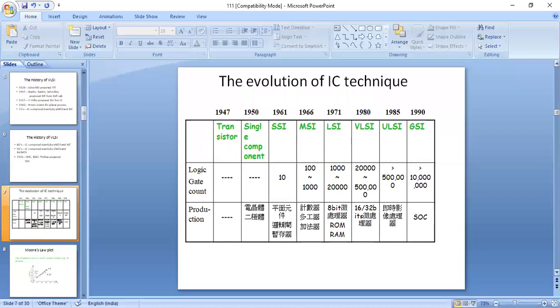So VLSI technology means we are going to discuss how very large scale, very complex ICs are made. What other processes are involved in VLSI we need to discuss.